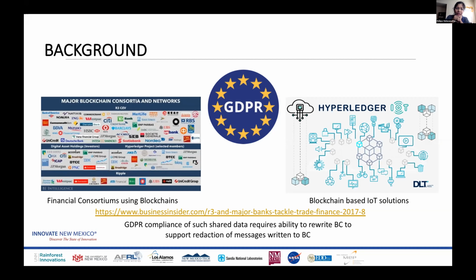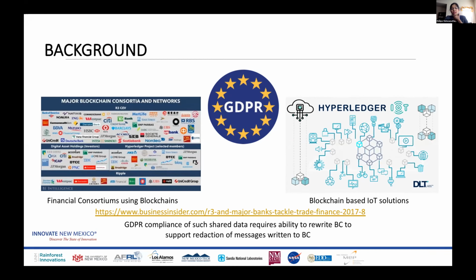The GDPR mandates the right to be forgotten, that a user can request that any personally identifiable information of theirs has to be removed from, let's say, a bank's servers or blockchains that they share, after the user ceases to be a customer of the bank, basically wiping off all personally identifiable information. And there could be penalties for financial institutions that do not comply with GDPR or wipe off users' data on request.